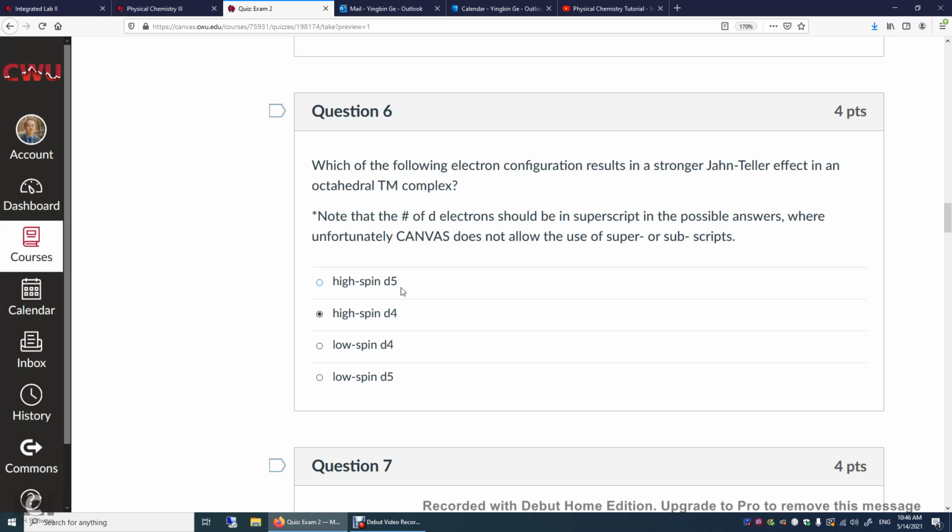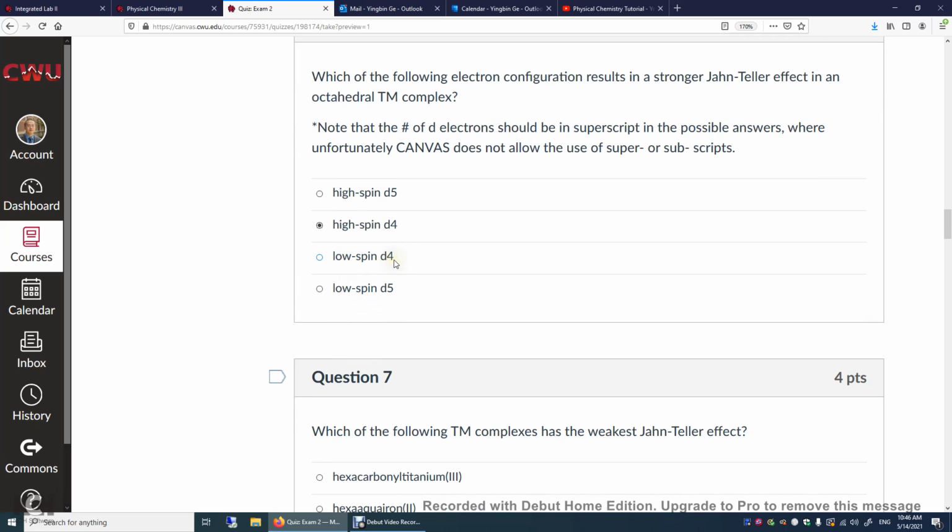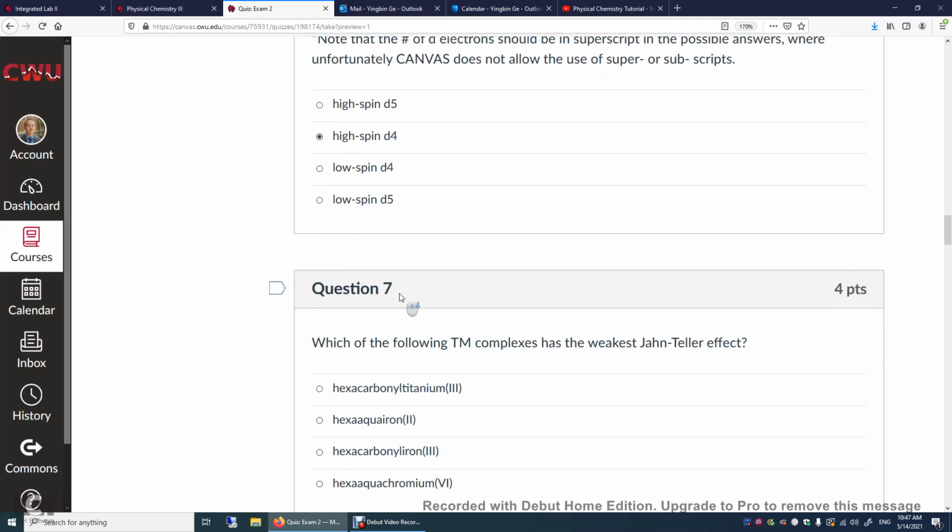You have the same number of electrons in the 2 eg orbitals and the same number of electrons in the 3 t2g orbitals. No Jahn-Teller effect. Low spin d4, a weak Jahn-Teller effect. Okay, low spin d5, same thing, a weak Jahn-Teller effect. Because again, we're talking about the t2g orbitals. They are not pointing directly to the ligands.